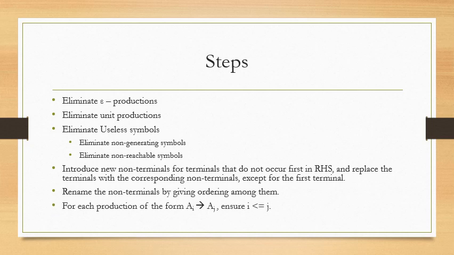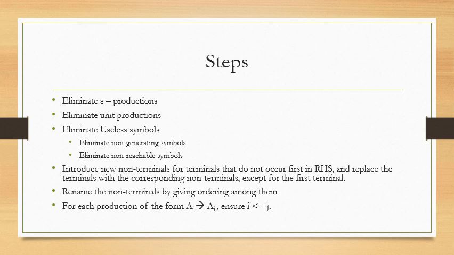For each of these productions that we have obtained after the ordering, I have to check the LHS index value and the RHS first non-terminal's index value. Always it has to be the case that i should be less than or equal to j.